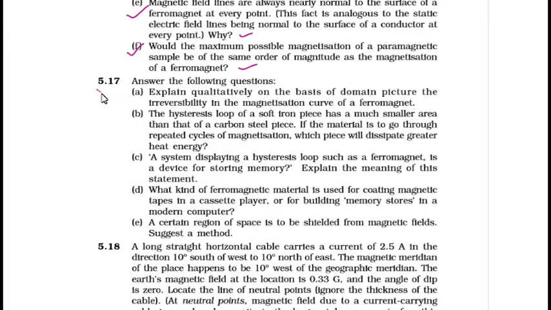Let us move to the next question. Question number 5.17. Answer the following question. A. Explain qualitatively on the basis of domain picture the irreversibility in the magnetization curve of a ferromagnet. Let us see the answer.